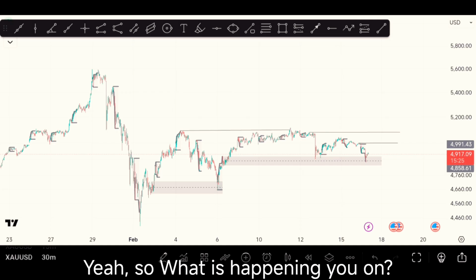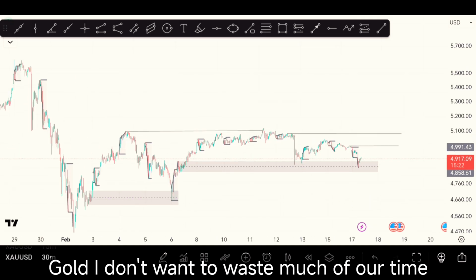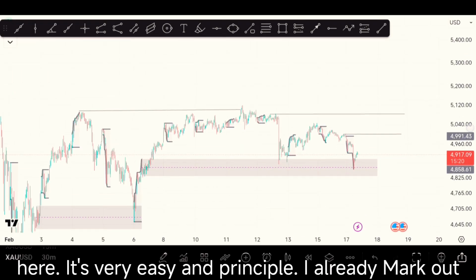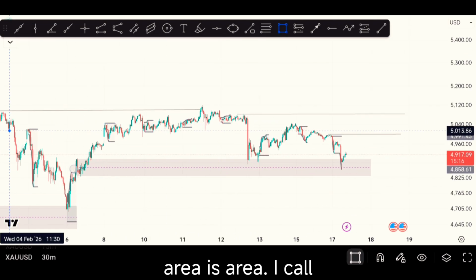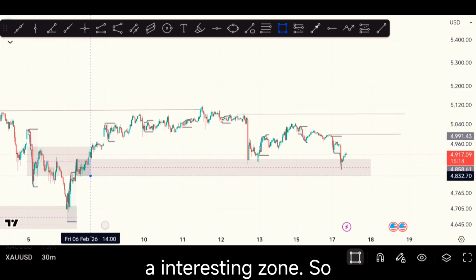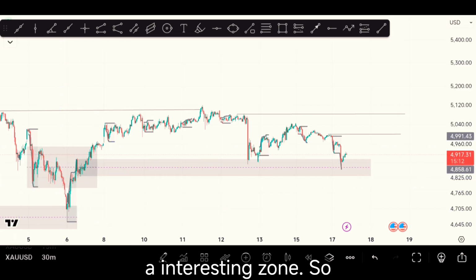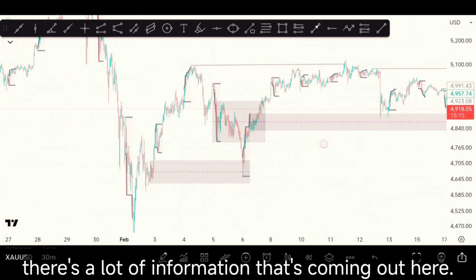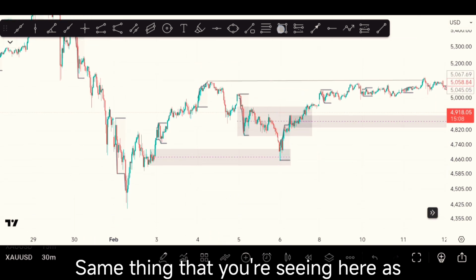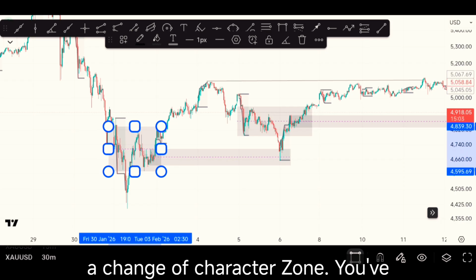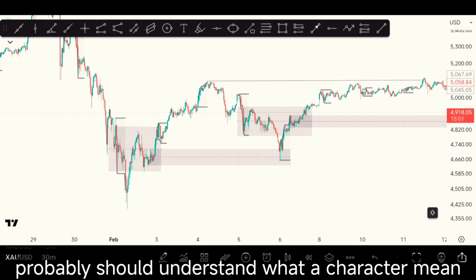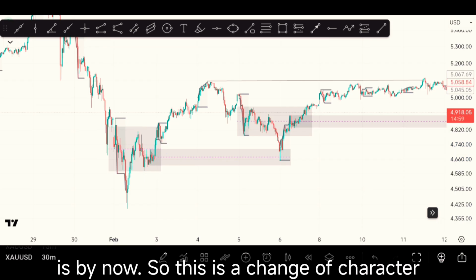So what is happening here on gold? I don't want to waste much of our time here. It's very easy and very simple. I already marked out my chart. Now this area I call an interesting zone. There's a lot of information coming out here. Anywhere you see a change of character in this zone, you probably should understand what a change of character is by now.